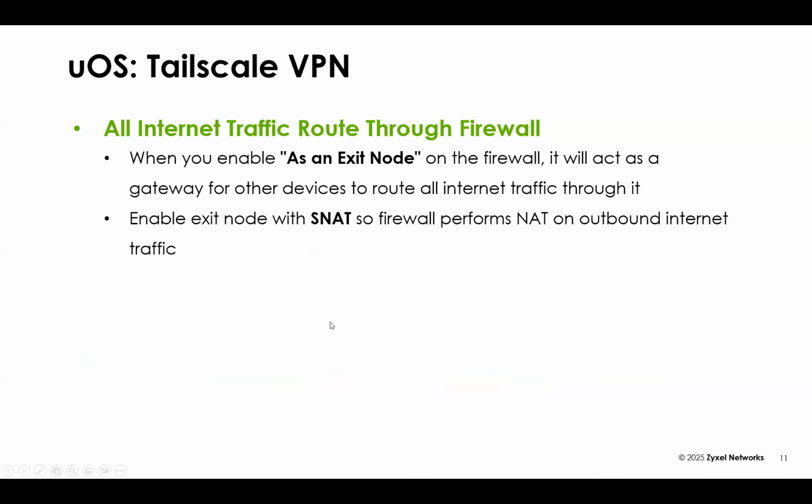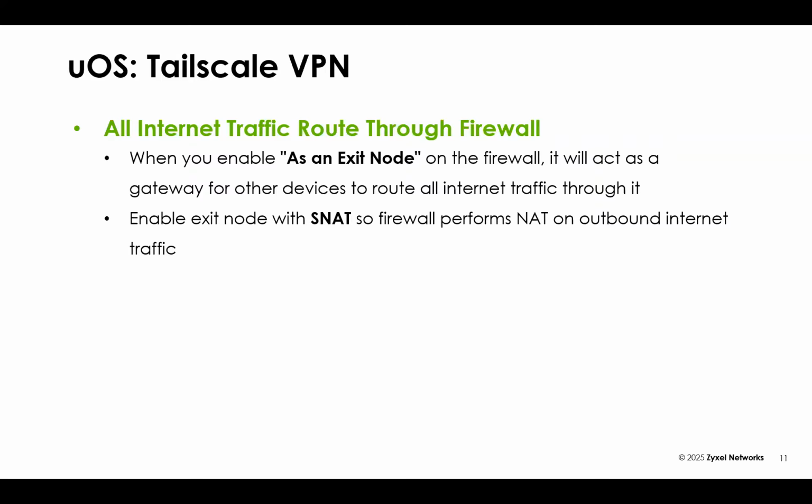What you can also do with the Tailscale VPN is route all your traffic through the firewall. If you have a client that is connecting to, say, firewall A, and you want to push all traffic through firewall A alongside the ability to reach the clients behind firewall B, there's an option on the firewall to choose that particular firewall as an exit node.